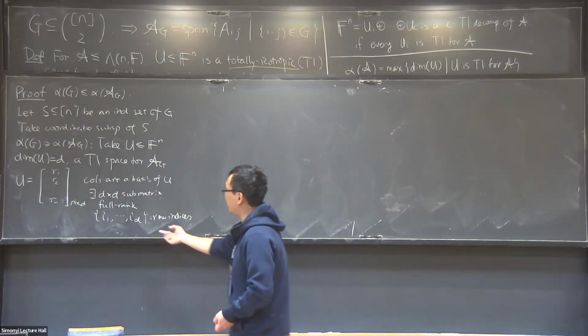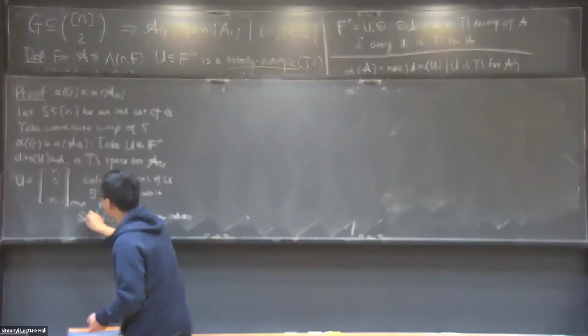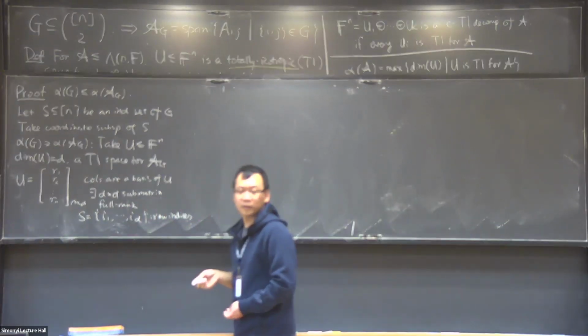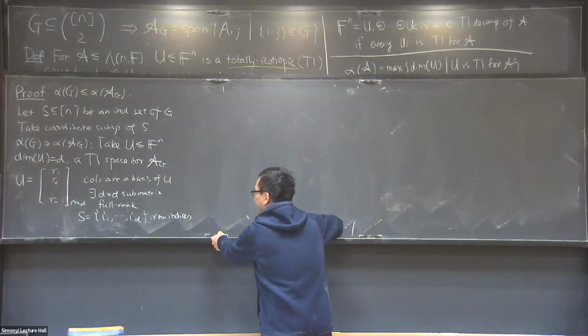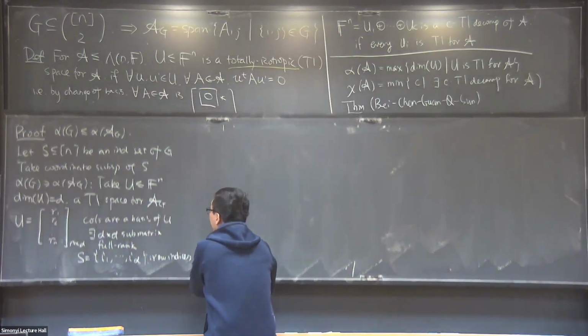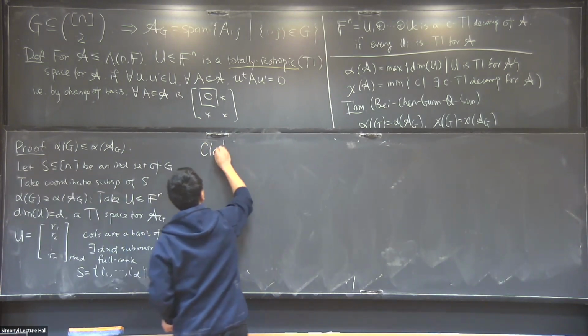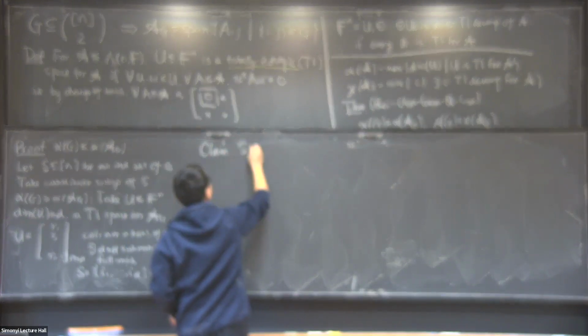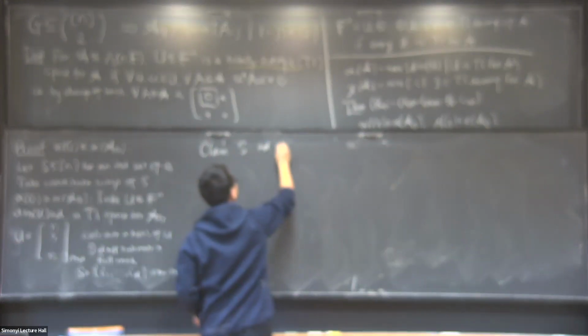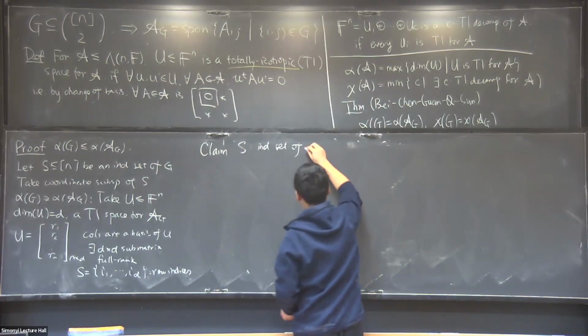Okay, so basically I'm going to claim that this will be an independent set. Claim: S is an independent set of G.